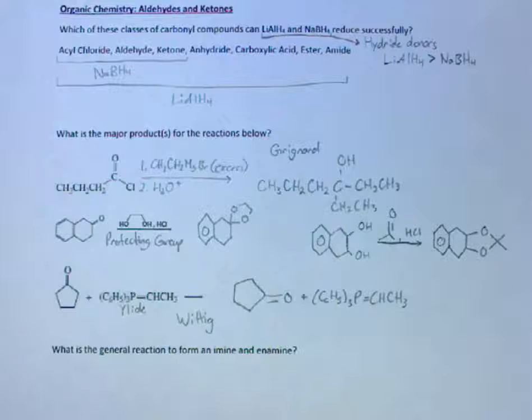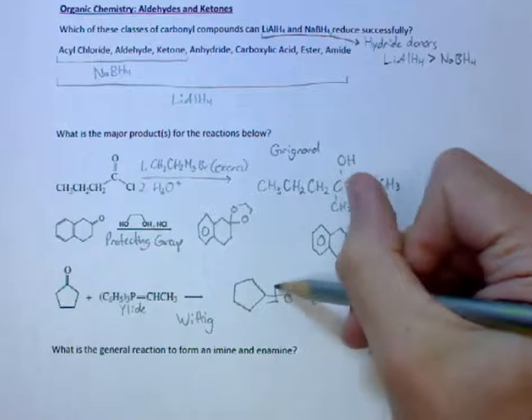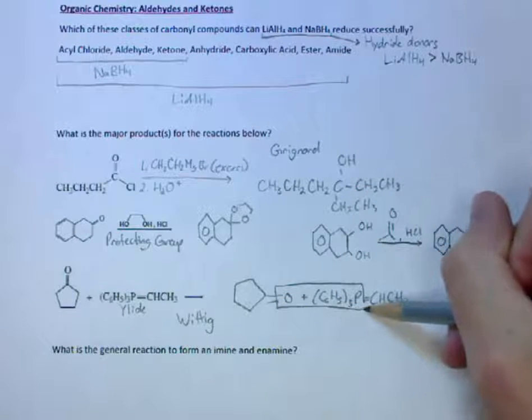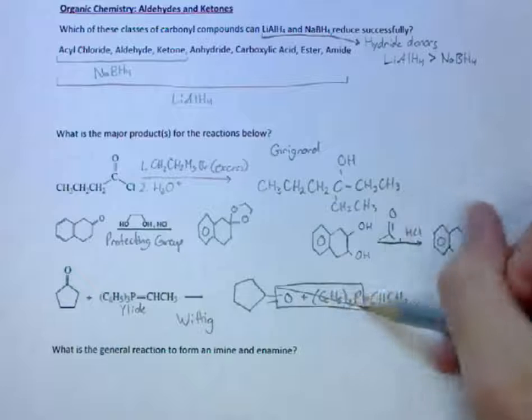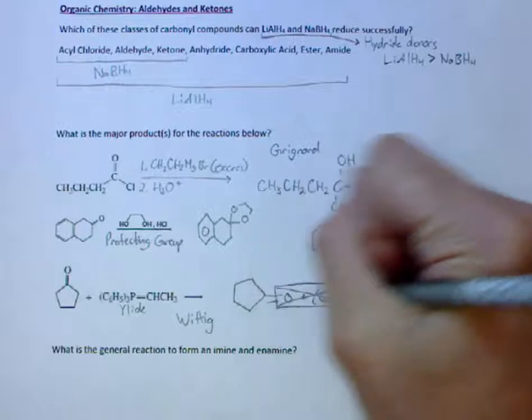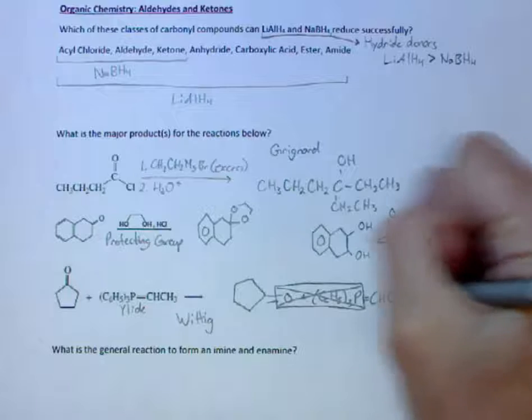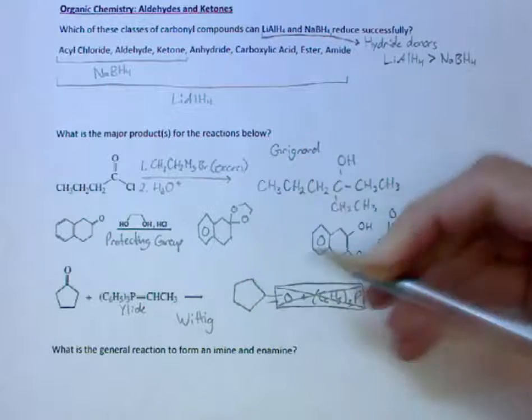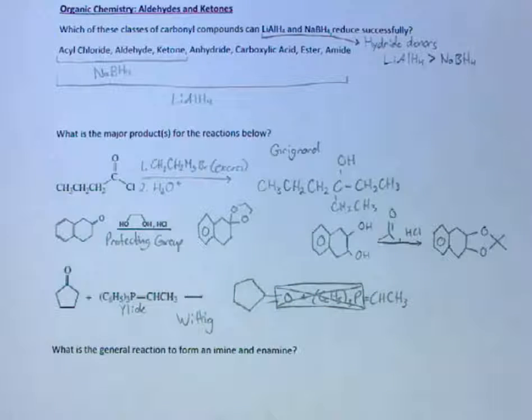For the Wittig reaction, the carbonyl oxygen and the phosphorus with the three phenyl groups will not be involved in the product, and this R group here will be attached to the carbonyl carbon.